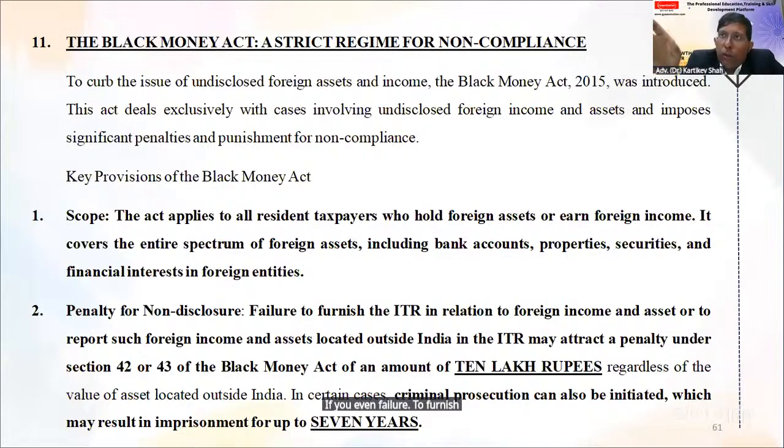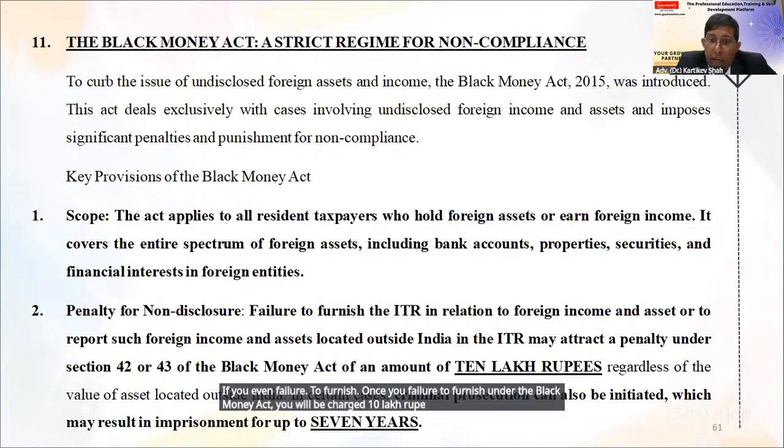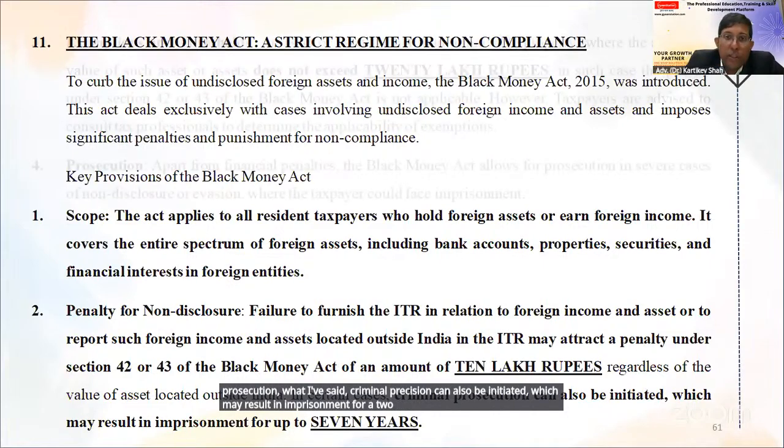Once you fail to furnish under the Black Money Act, you will be charged 10 lakh rupees regardless of the value of the asset located outside. In certain cases, criminal prosecution can also be initiated, which may result in imprisonment for up to 7 years. So it is a very serious matter.